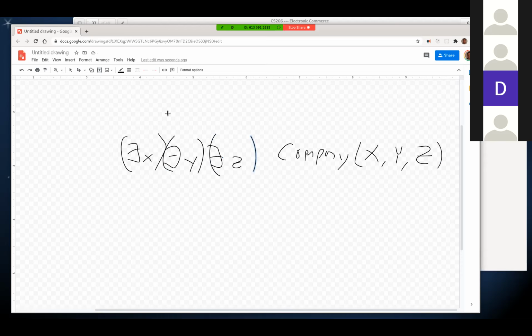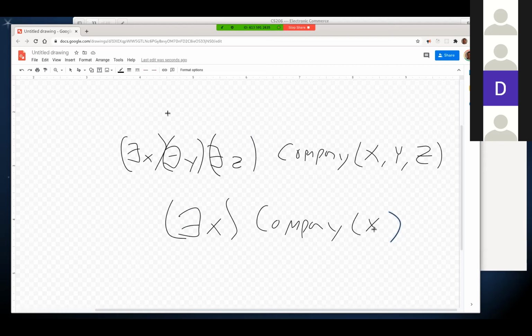Now let's show the same thing in tuple calculus. The same thing in tuple calculus would be this. There exists X, company X. Okay, so what's happening here is that we have the same name of a relation, and this relation has three components. It has three attributes, all right? But what we're allowing here is that this X is a tuple variable, and it's pointing to one particular tuple in this relation.